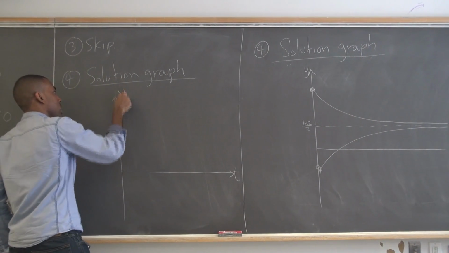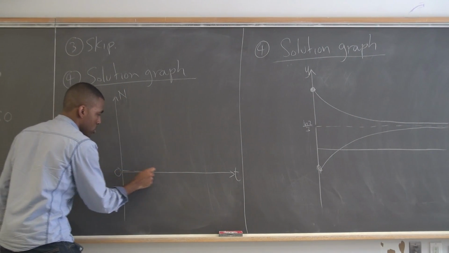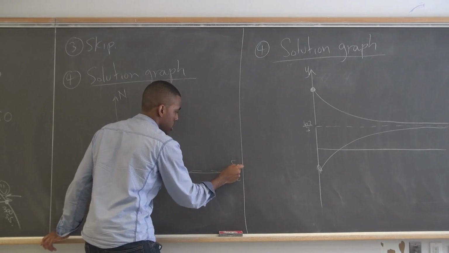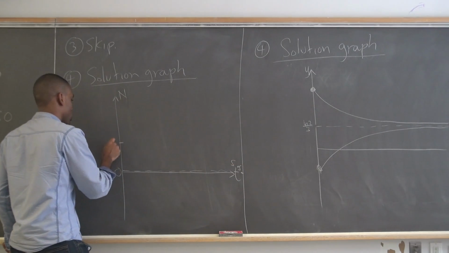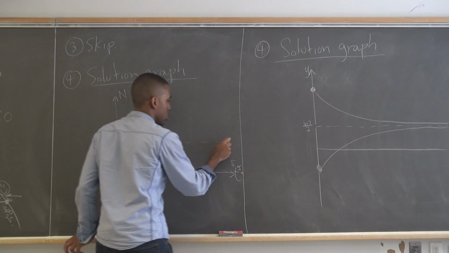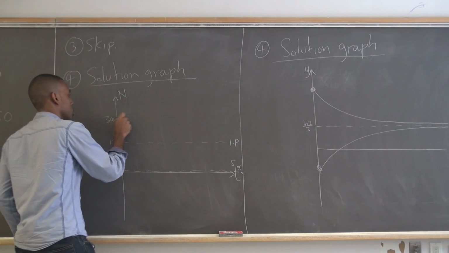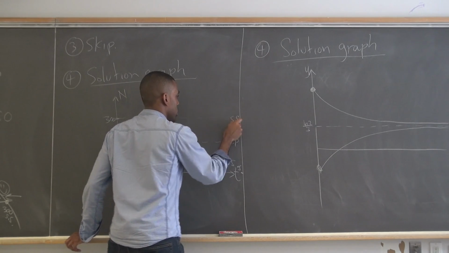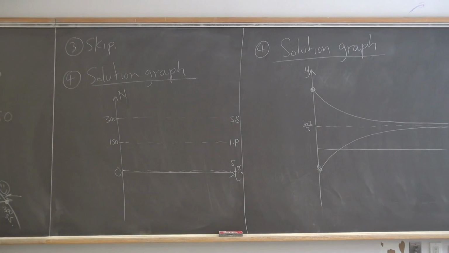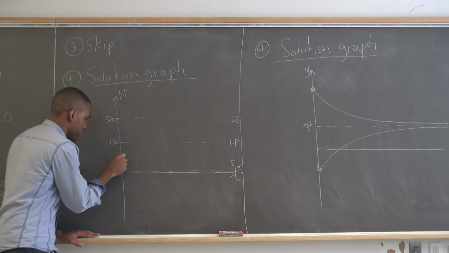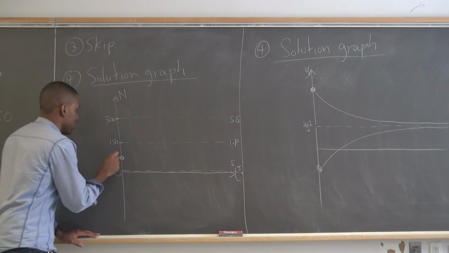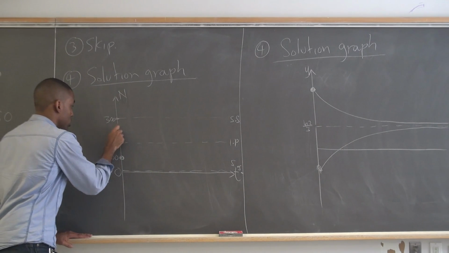In this case we're calling it N. So 0, steady state, 150, inflection point, 300, steady state. My initials are 100 and 200.